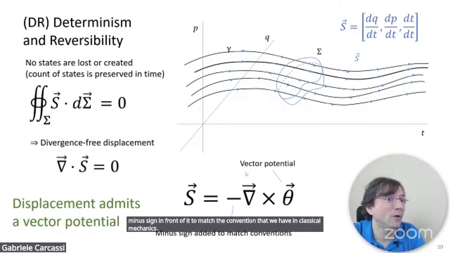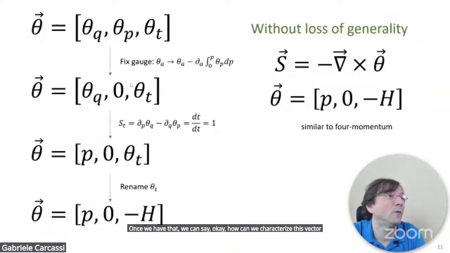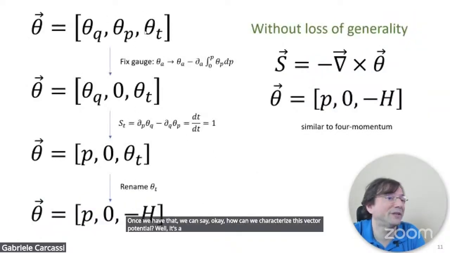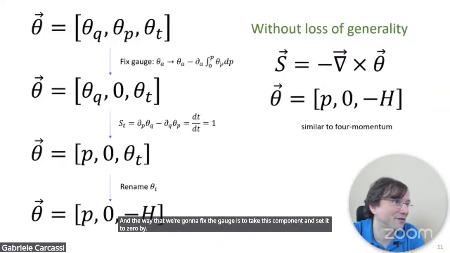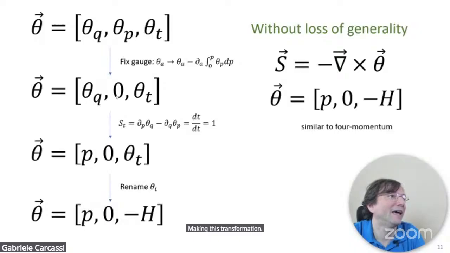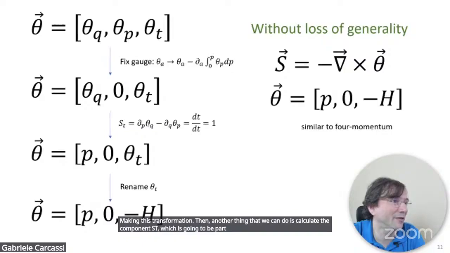Once we have that, we can ask how we can characterize this vector potential. Well, it's a vector potential, so it has a gauge. We can fix the gauge to make our vector potential look nicer. The way that we're going to fix the gauge is to take this component and set it to zero by making this transformation. Then another thing that we can do is calculate the component S_t, which is going to be partial p of theta q minus partial q of theta p.